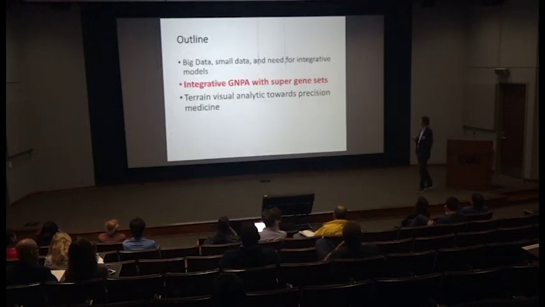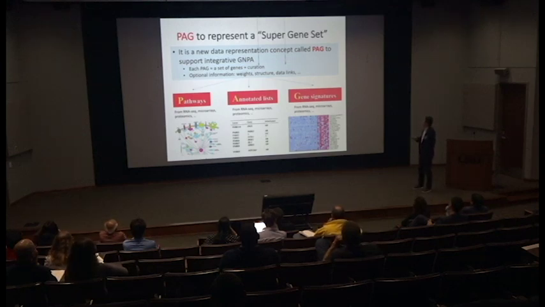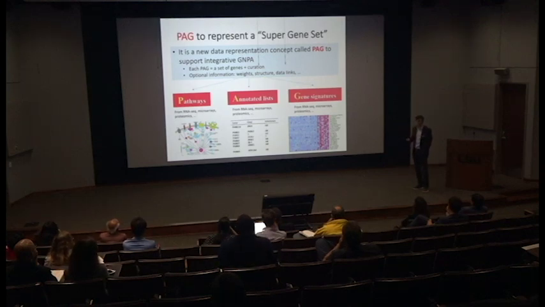Now the question is, can we map them together? I think our way of mapping them is to use a data structure called a PAG. PAG represents pathways, annotated lists, or gene signatures. You might say these are all biologically different concepts, but as computer scientists, we like to simplify things a little bit before we get complex.